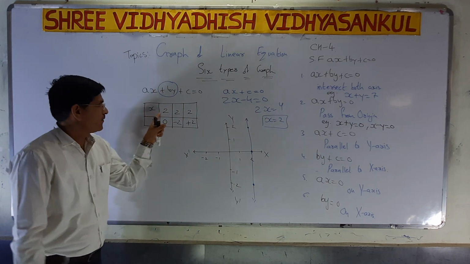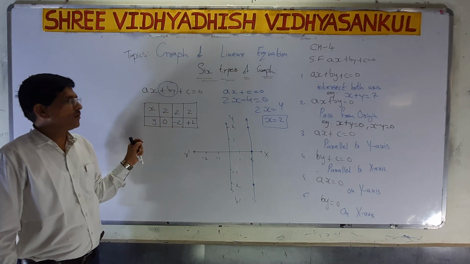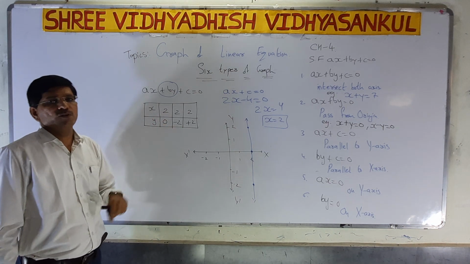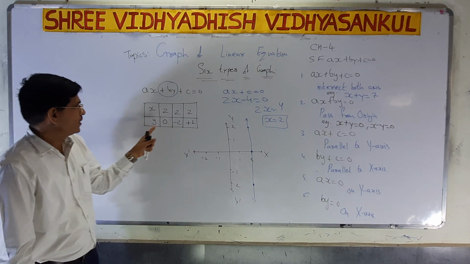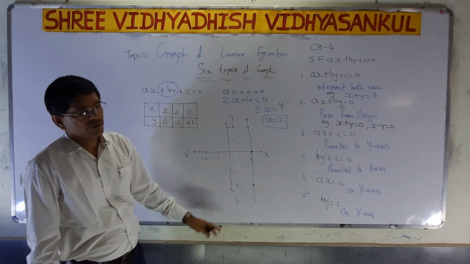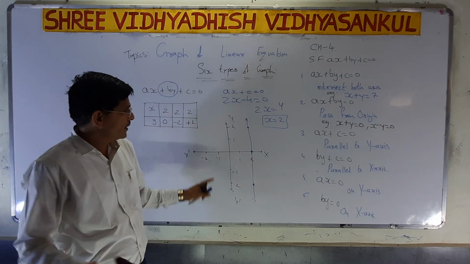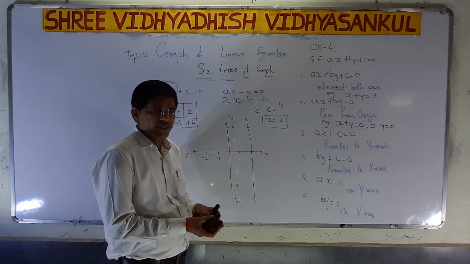So fix the value of x and vary the value of y. Varied means you can take different values, 0, minus 2 and 2. If you put the values and draw the graph, it is always parallel to the y axis.